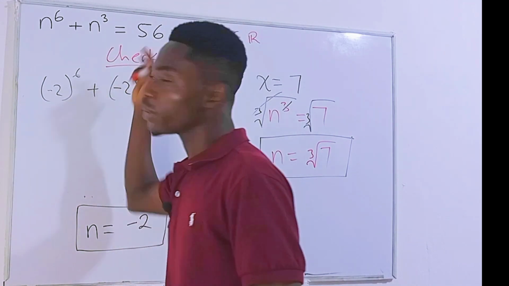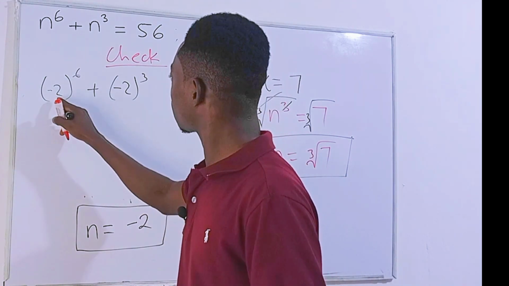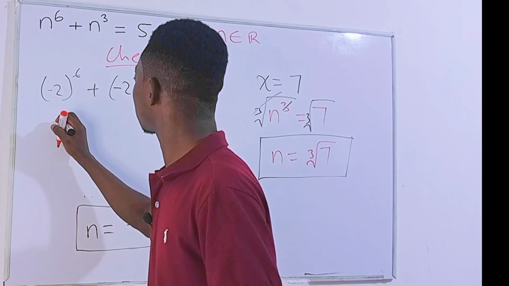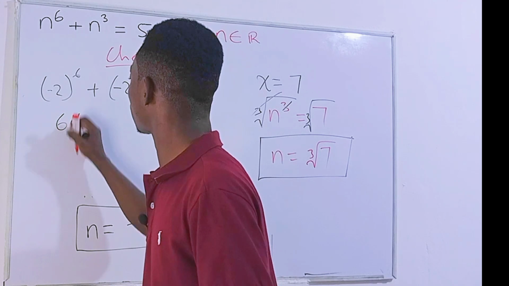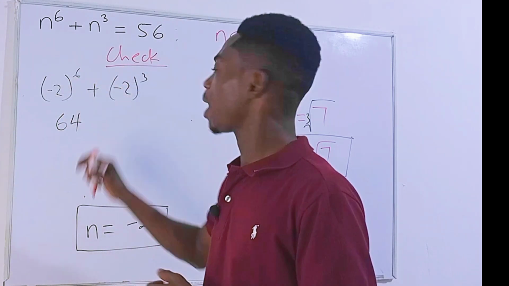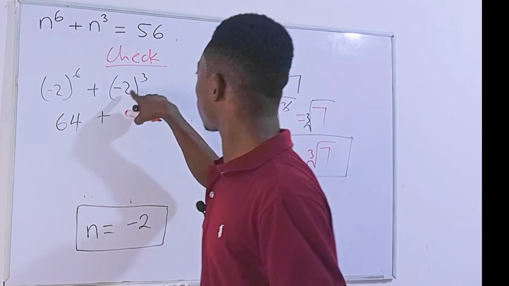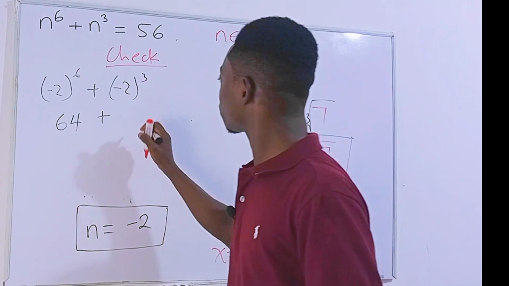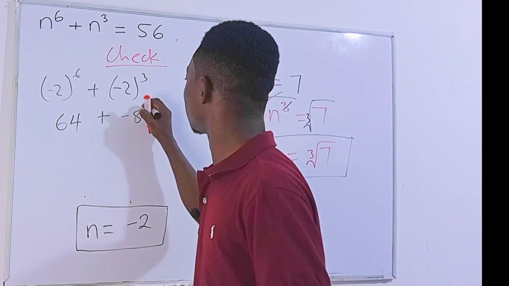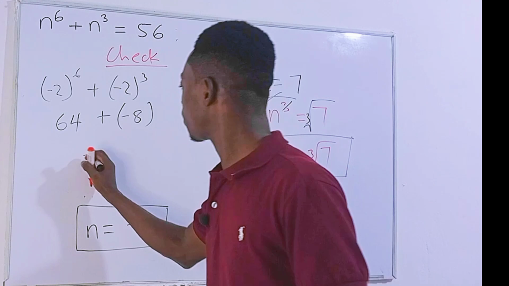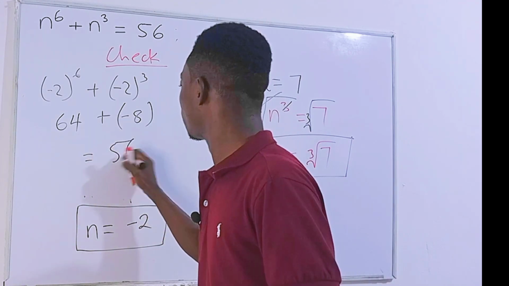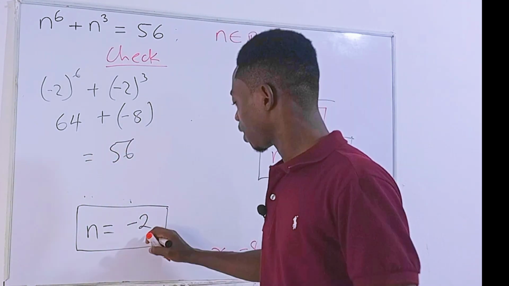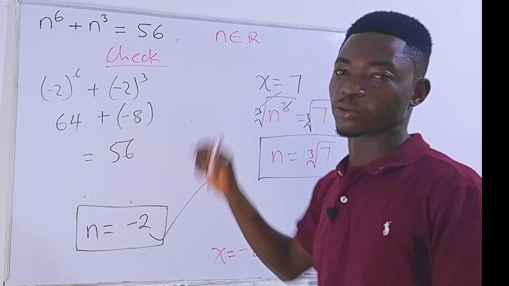Let's see whether we get 56. In fact, this right here will give us positive 64 because the power is an even number. Then plus, because the power right here is an odd, we are going to have negative 8, just like that. And if you sum them, in fact, you are going to have 56. So it means that this answer right here really worked for the equation.